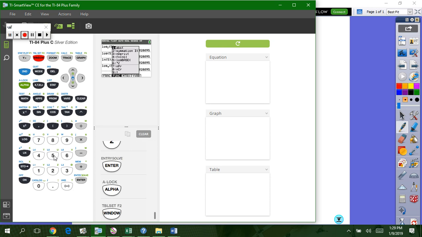What's my base that I can put there? A 2. Log base 2 of 5 is 2.321928. Did you get all that?